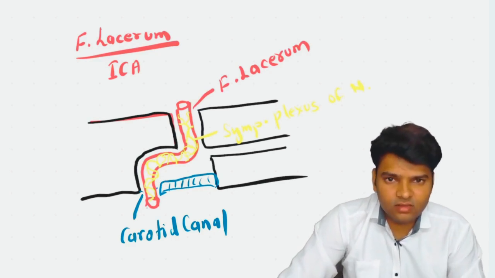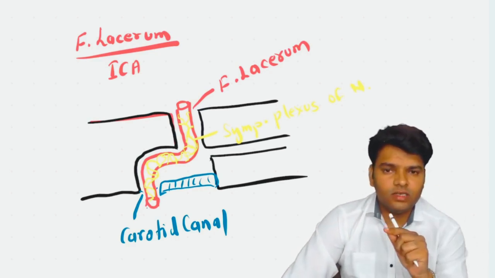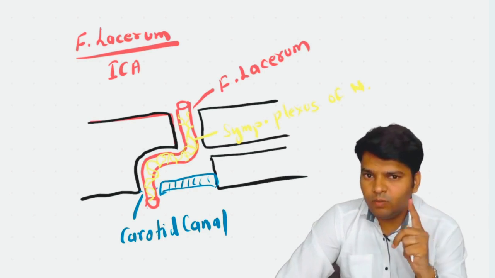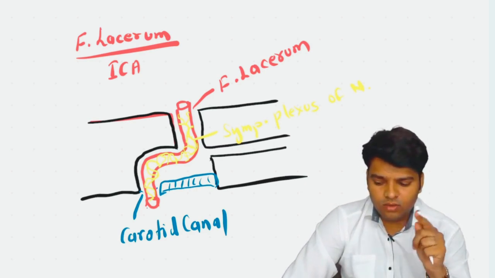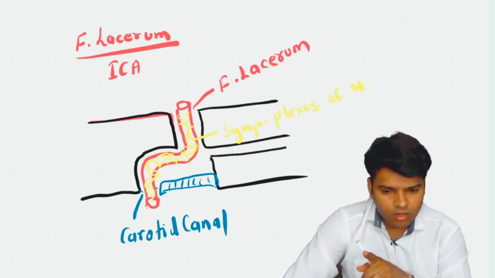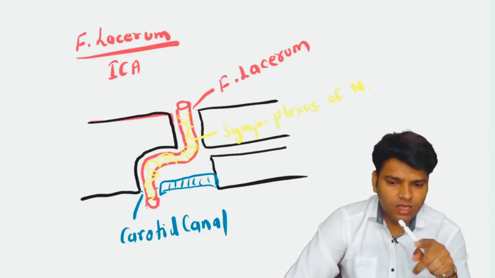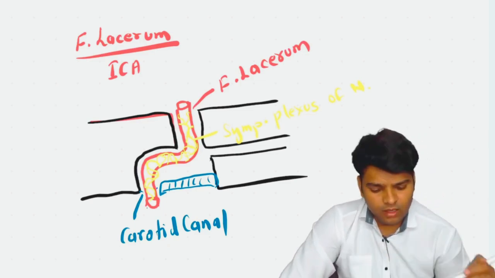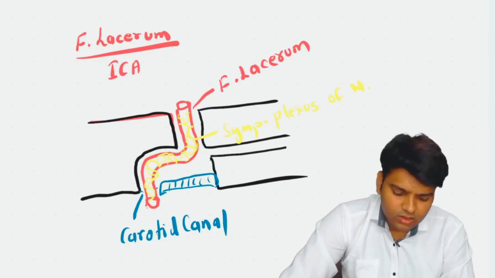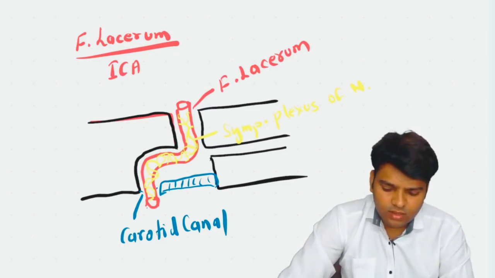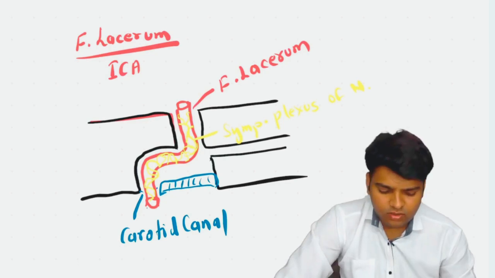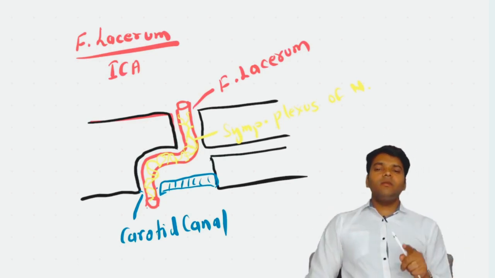From here begins the deep petrosal nerve. Please don't forget about it. Deep petrosal nerve begins from the foramen lacerum or carotid canal. You should learn about it from this area. So from the sympathetic plexus of nerve, from here begins the deep petrosal nerve.